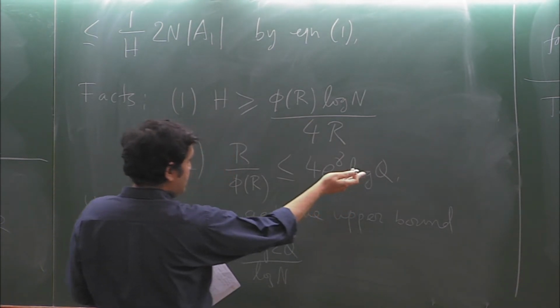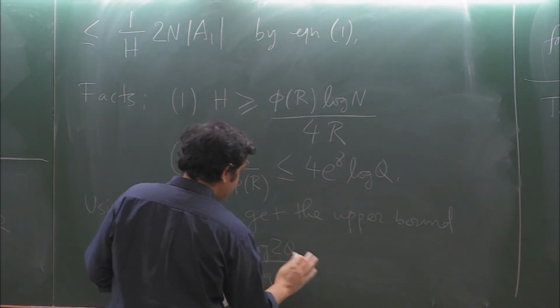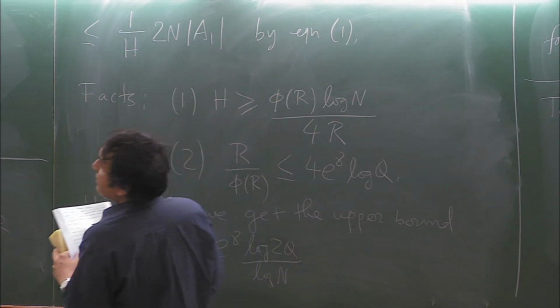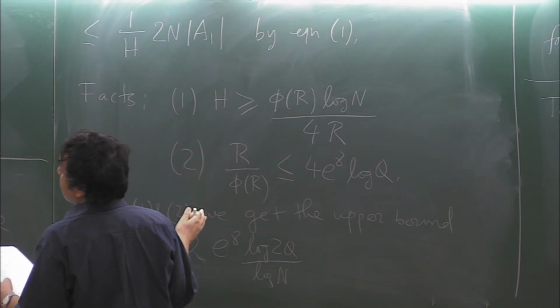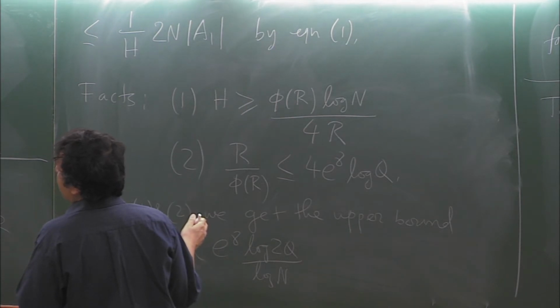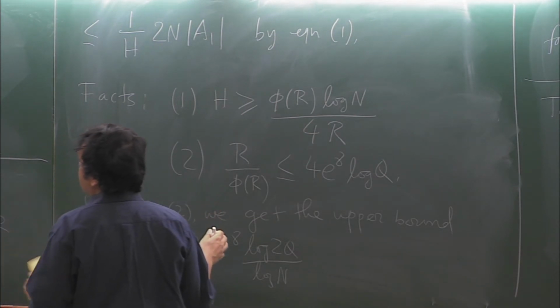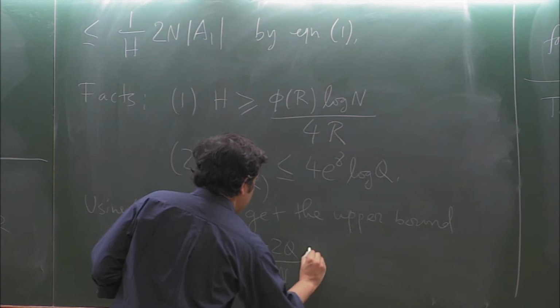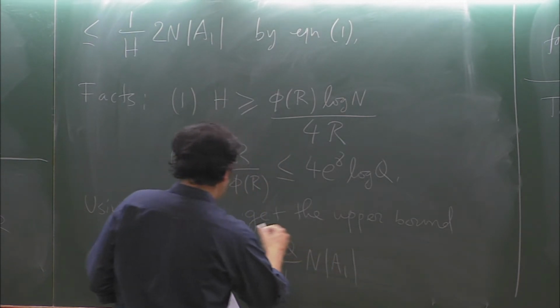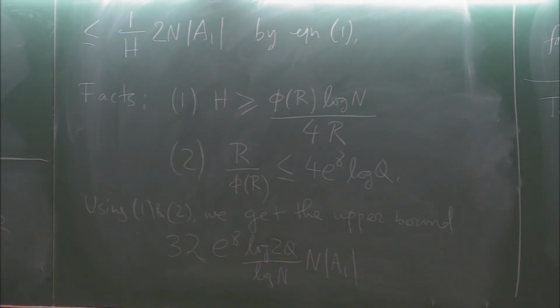See, log q and log 2q are the same thing. It's not a big deal. It's just to ensure that if q is 1 or something small, then it makes sense. So n times size of A1. So this is fine because we wanted to get less than 40. So this proves the proposition.